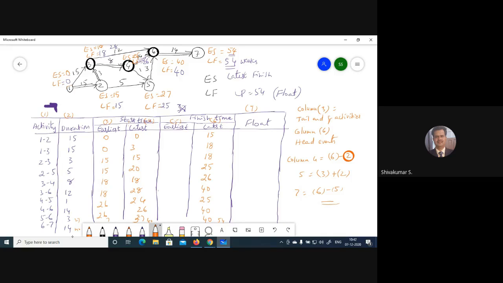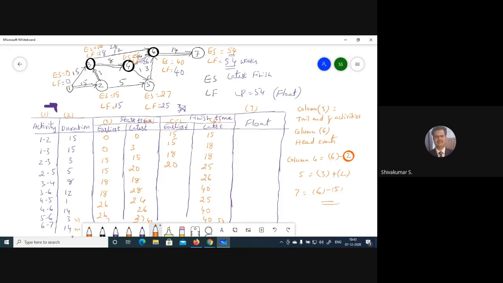Okay. Next, column number 5: column 3 plus column 2. It is 0 plus 15, 15. Next, 15. Next, 15 plus 3, 18. Next, 15 plus 5, 20.